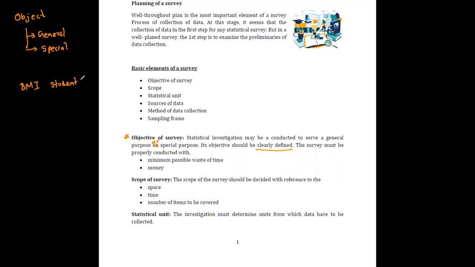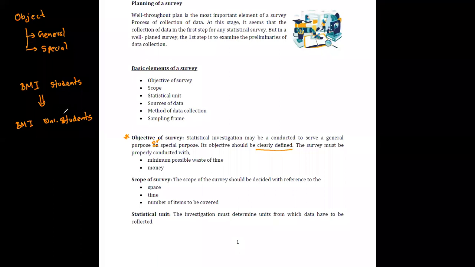Suppose you specialize it for the BMI of university students, rather than all the students in schools and high schools and those institutes. Your special objective is just to have an idea regarding the BMI of university students.